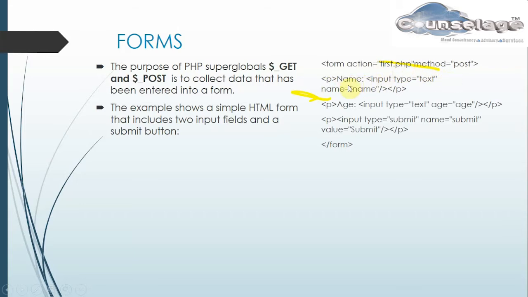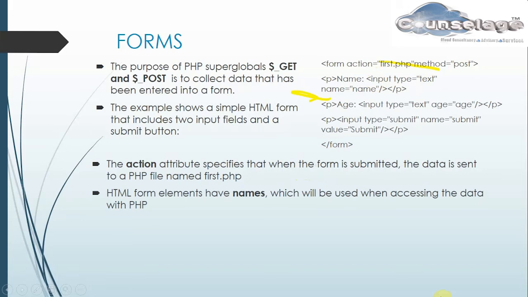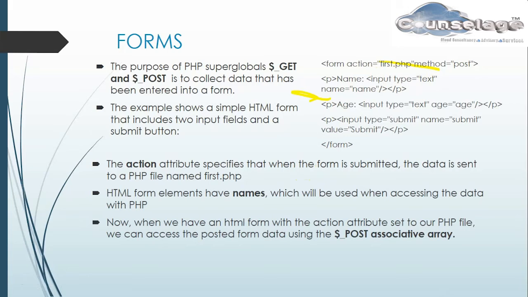Then name, input type of name is text, and then age also text input type, and then the input type of submit is submit with the value submit, and then close the form tag. The action attribute specifies that when the form is submitted, the data is sent to a PHP file named first.php. HTML form elements have names which will be used when accessing the data with PHP.